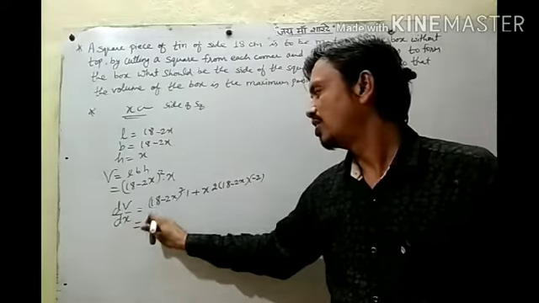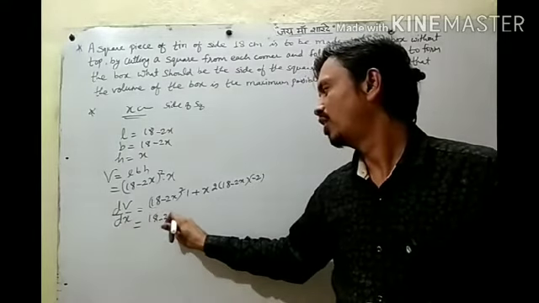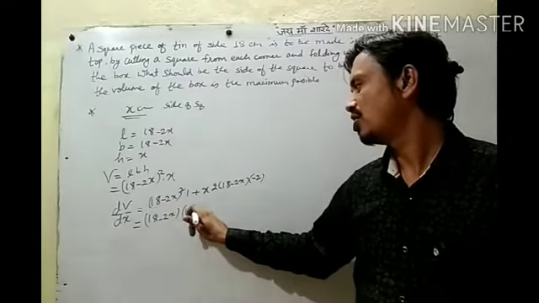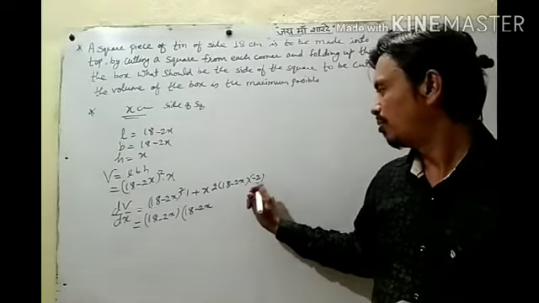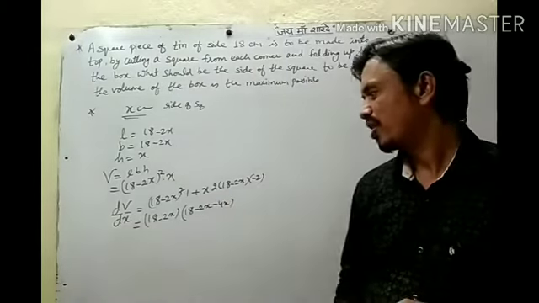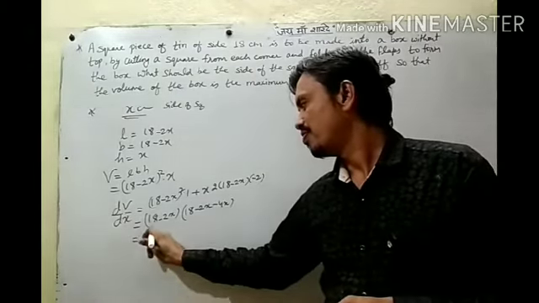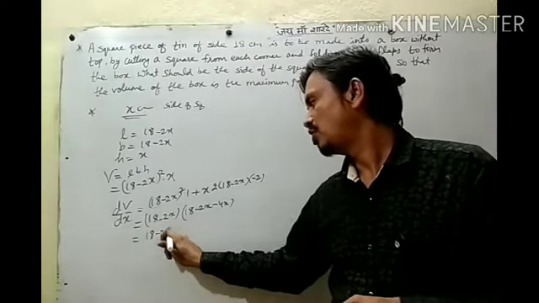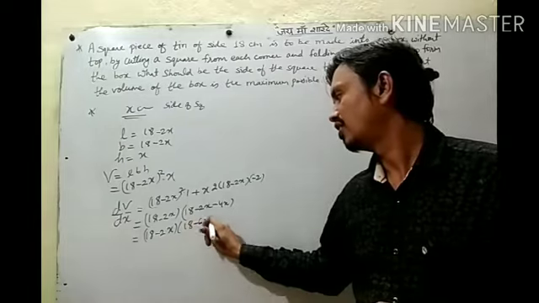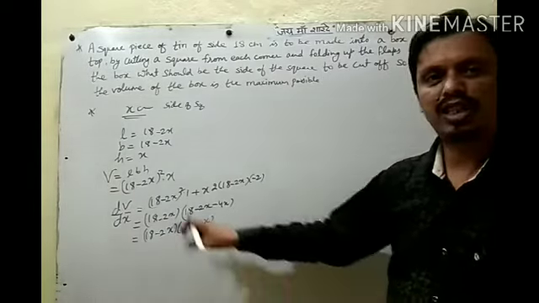So from this we can take 18 minus 2x common, then we get 18 minus 2x and here minus 2 into 2x means minus 4x. That will give (18 minus 2x) into (18 minus 6x). This is our first derivative.